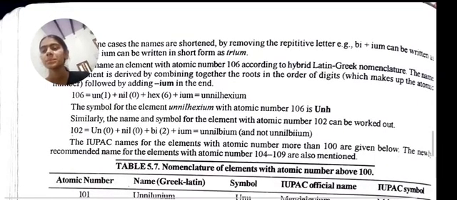Similarly, the name and symbol for the element with atomic number 102 can be worked out as unnilbium. The IUPAC names for the elements with atomic number more than 100 are given below. The newly recommended names for the elements with atomic numbers 104 to 109 are also mentioned.